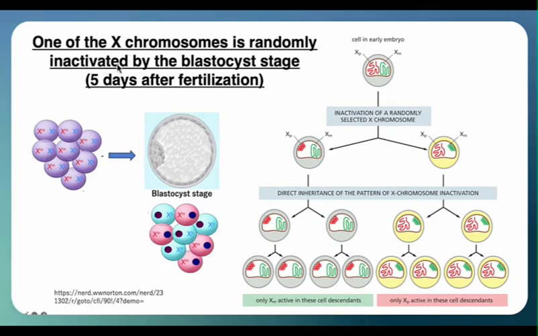Random inactivation of X chromosome. In XX fertilized eggs, the inactivation of either the maternally derived X or the paternally derived X occurs randomly. The determination of which X will be inactivated takes place during the blastocyst stage, approximately 5 days after fertilization.